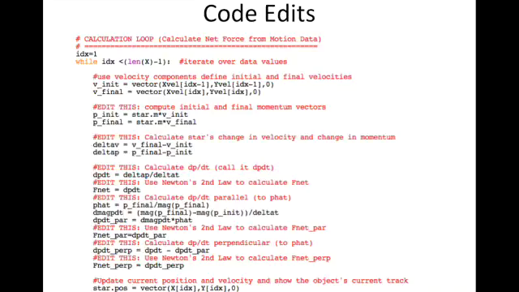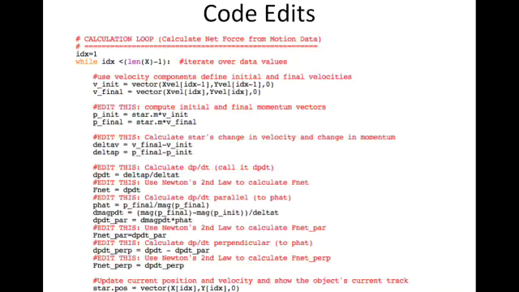So here's a pretty good time to bring up the differences between fnet perpendicular, fnet parallel, and fnet, and comparing them to dp dt perpendicular, dp dt parallel, and dp dt. All of them are equal to each other, meaning that fnet perpendicular is equal to dp dt perpendicular, and so forth, but they are found using different equations.